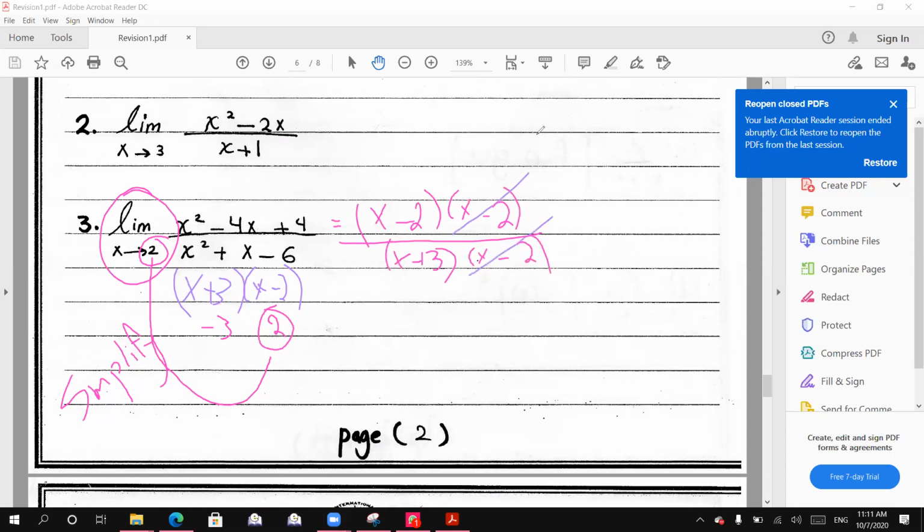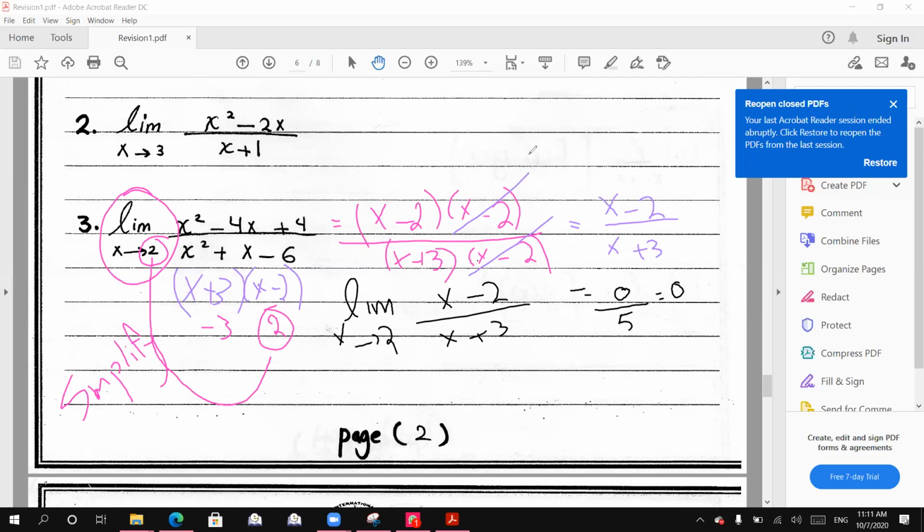Then after that, I will simplify them. I have now x minus 2 over x plus 3. So my new limit will be the limit of x minus 2 over x plus 3 when x approaches 2. Then I put 2 minus 2 is 0 over 2 plus 3 is 5. The answer will be 0.